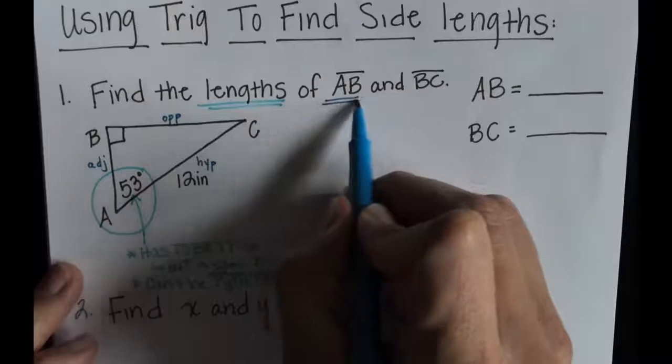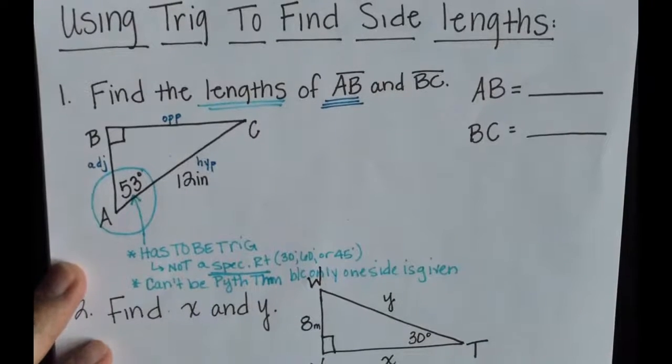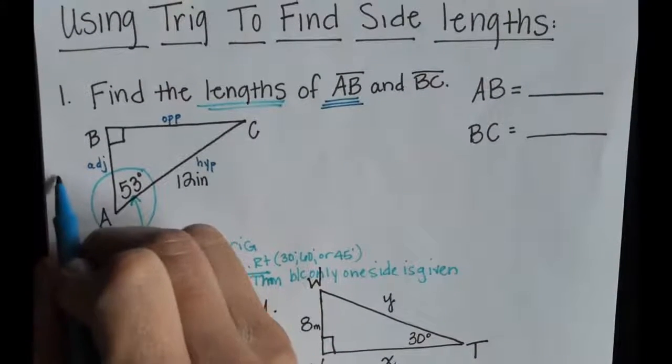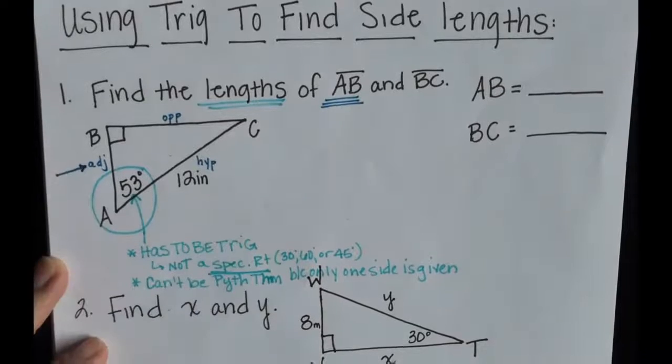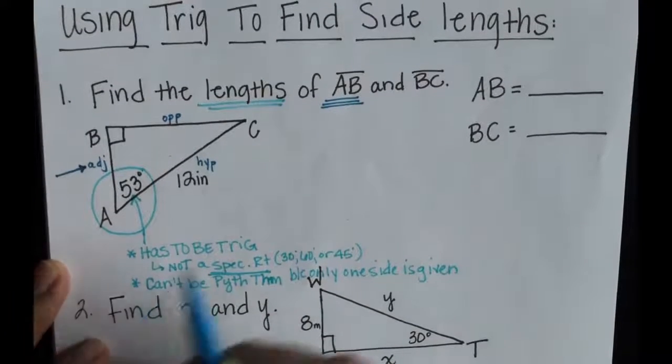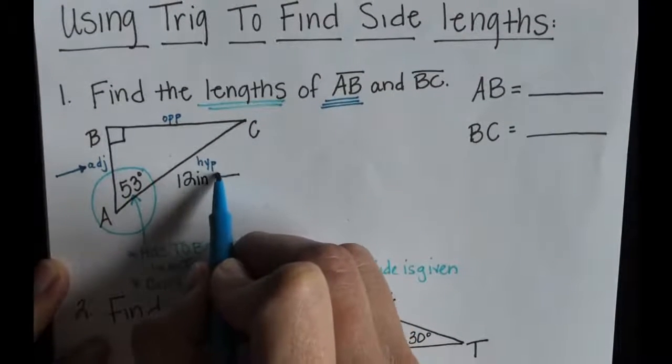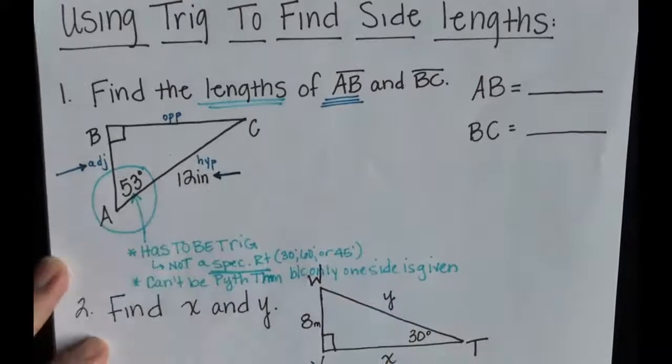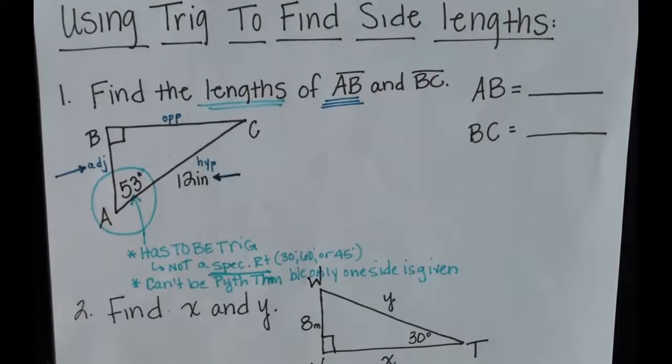Because our first side that we're going to want to look for is AB, I look to see that AB says adjacent, and the only other known value that's going to help us with our equation is the hypotenuse. So we have to decide which of the three trig ratios am I going to be able to use.